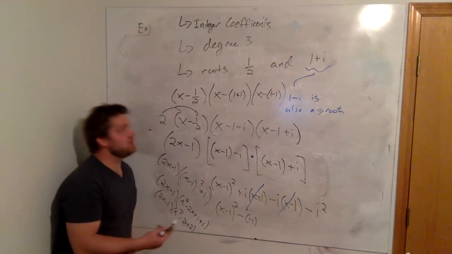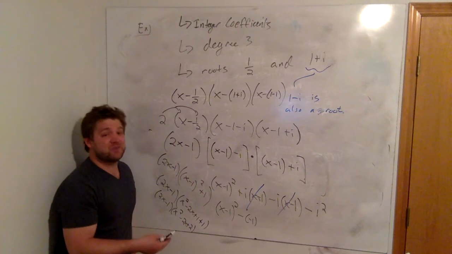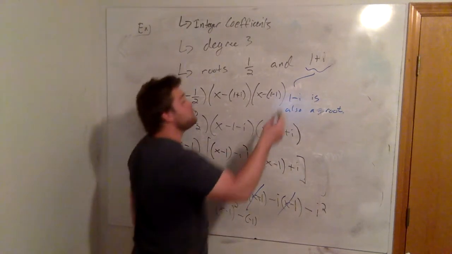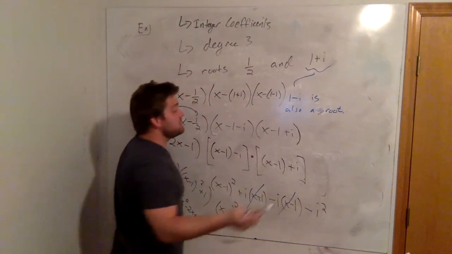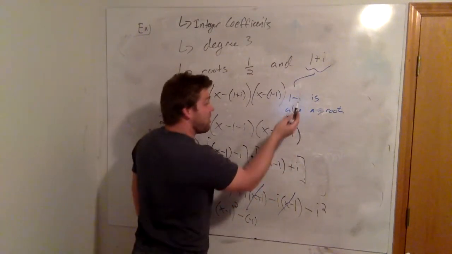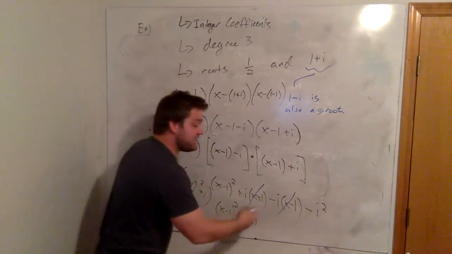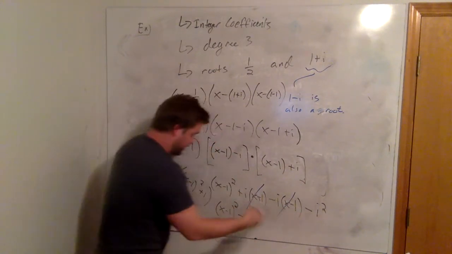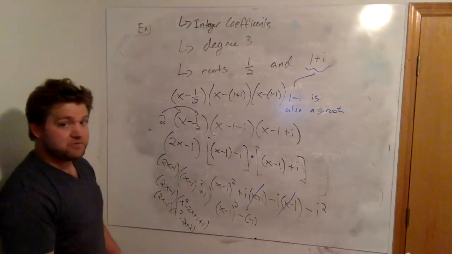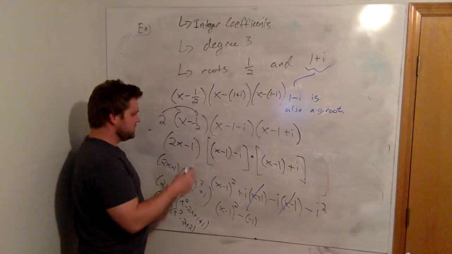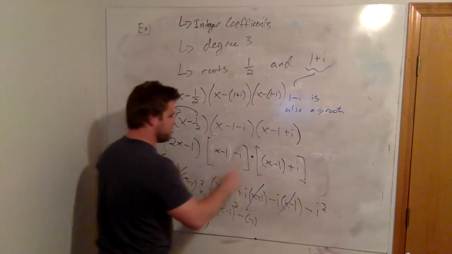So that's actually one reason. If I have a polynomial with integer coefficients and it has a complex root, it has to have its conjugate as a complex root, so that when it expands, all the imaginary numbers will cancel out, and I'll be left with just real coefficients. So this here is the answer to the problem.